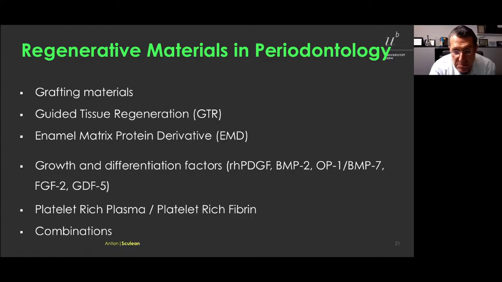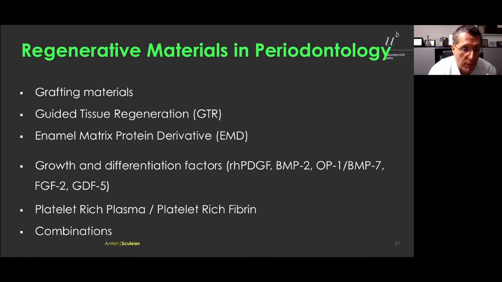Then we have a variety of growth and differentiation factors that we can use. PDGF, this is platelet-derived growth factor. BMPs that have been tested for periodontal regeneration as well, BMP2, BMP7. They are not routinely used.